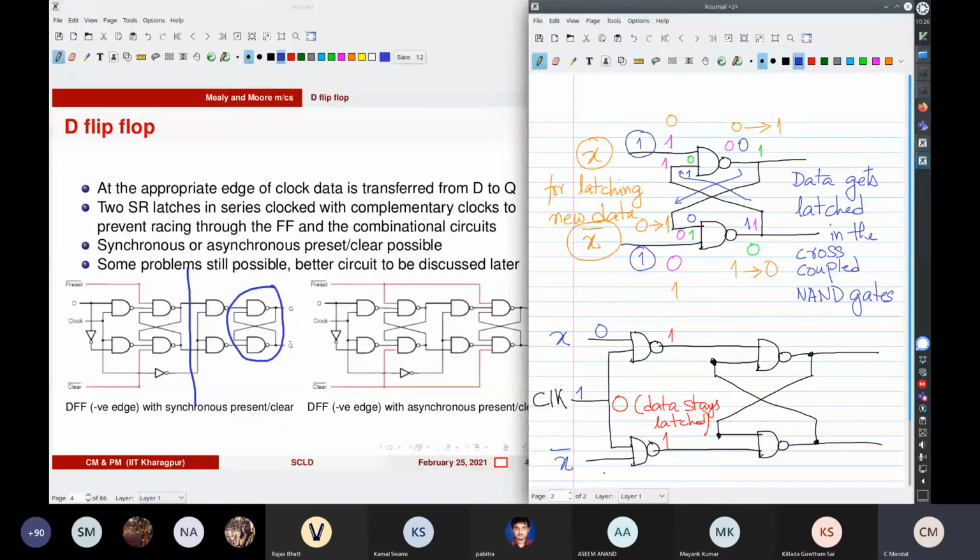So if you have 0 here, you go to 1 here, and what you have is 1 and 0. On the other hand, it is symmetric, of course.